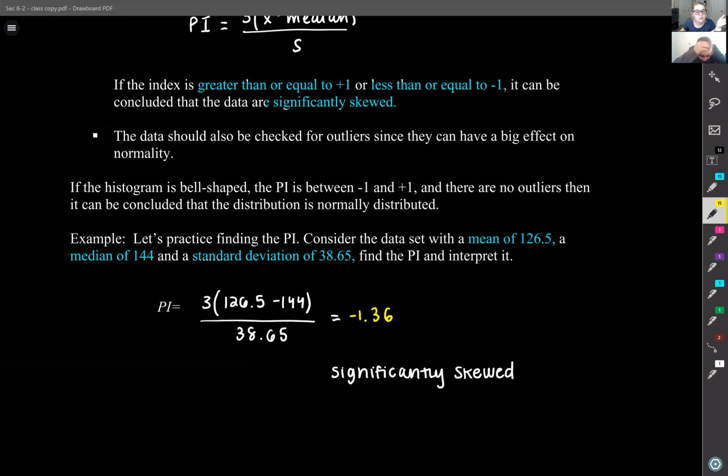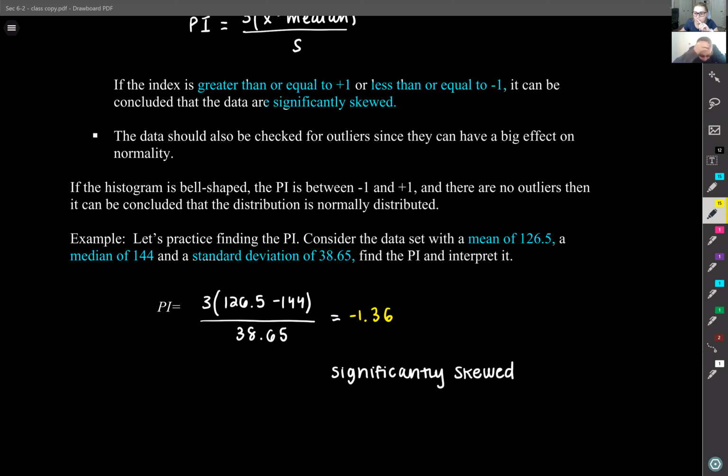Okay, there actually is an answer. So if the index is, oh, wait, that probably makes sense. Okay, no, I got it. So if it's less than -1, I believe it's skewed to the left, and if it's greater than 1, then it's skewed to the right.